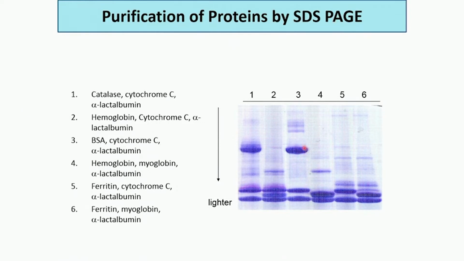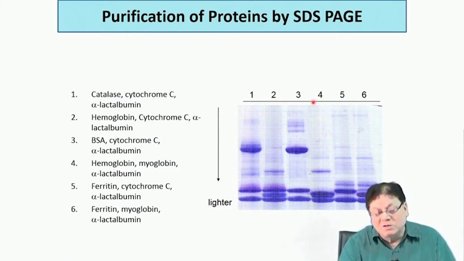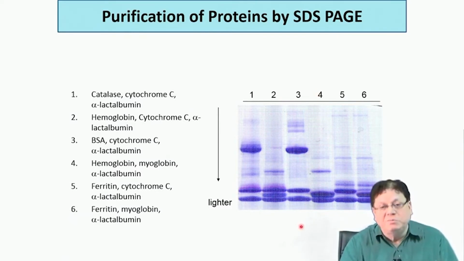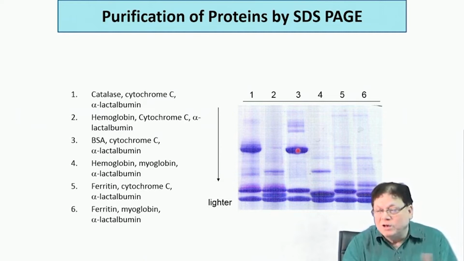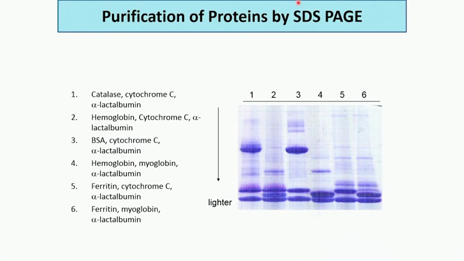So, if you want to see whether there are more proteins than one, then you have to do another type of electrophoresis, which is based on the native charge, the actual charge in the native form, and that will differ from one protein to another. So, if you do native electrophoresis, that means you drop the SDS and do only polyacrylamide gel electrophoresis, that is called native gel electrophoresis.